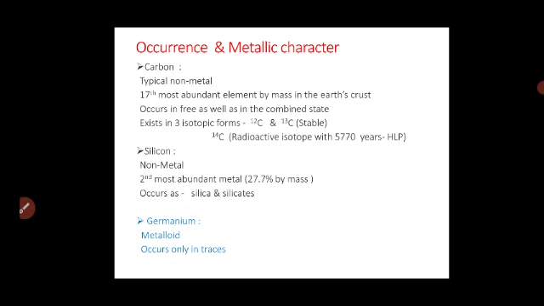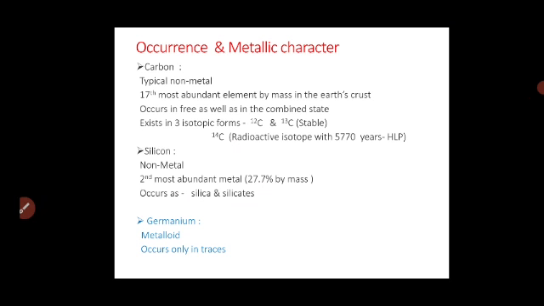Let us start with the occurrence, how they occur in nature. The elements which come under group 14 are carbon, silicon, germanium, tin and lead.